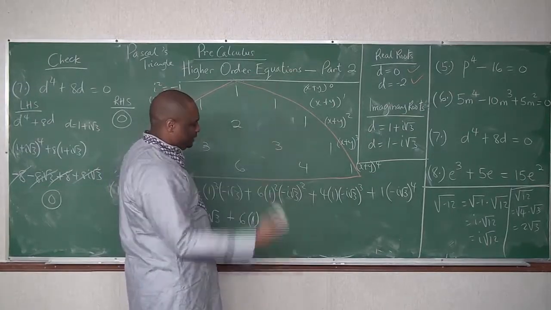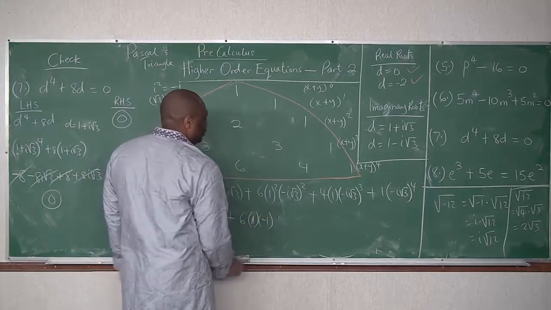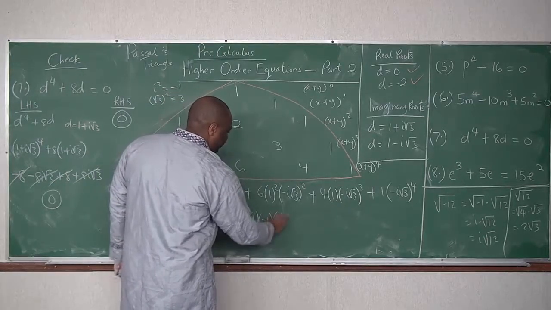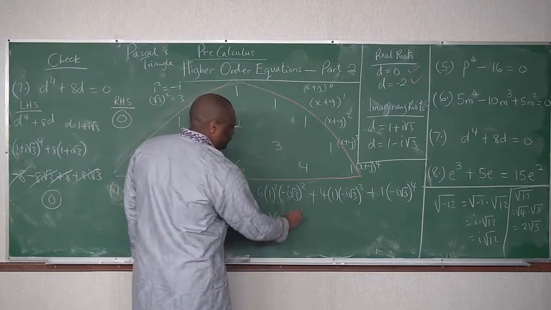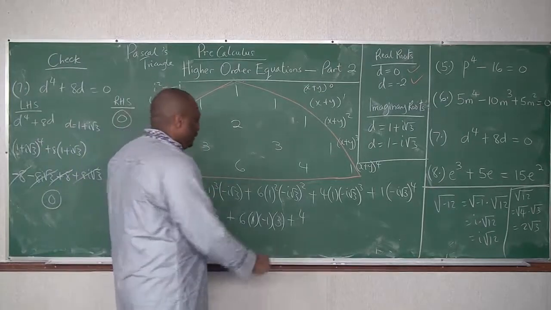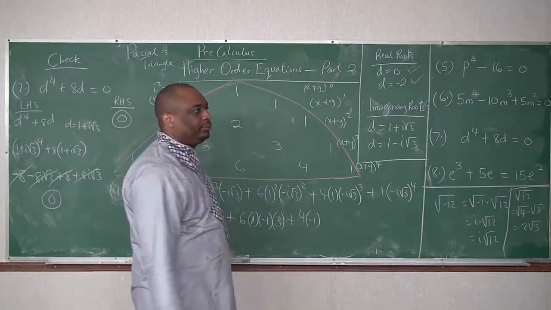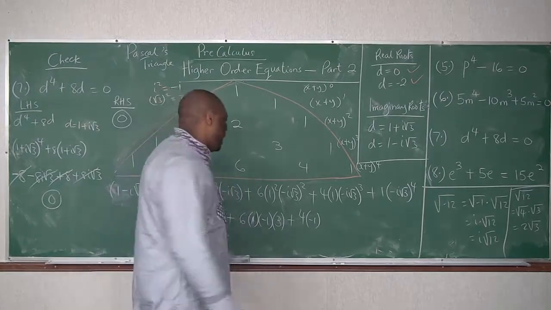Negative 1 squared is 1, i squared is negative 1, root 3 squared is 3. Then plus 4 times negative 1 cubed is negative 1. i cubed is negative i.